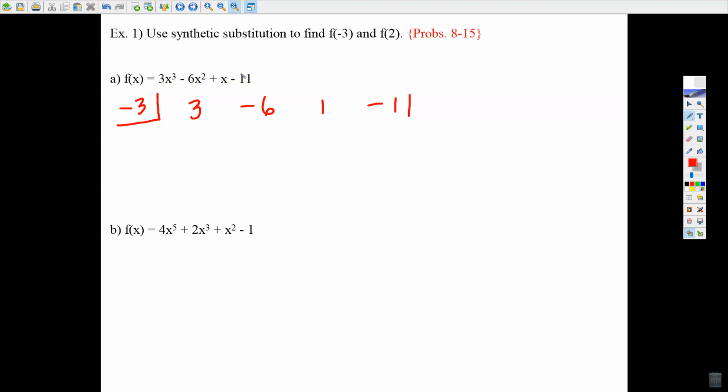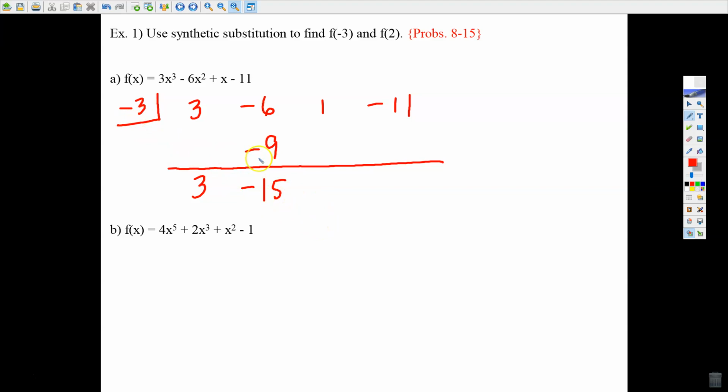So I don't have to plug in any filler zeros. And then here goes synthetic division. I bring down the first number always to start, and then the number below the line multiplies times the number in the house, and 3 times -3 is -9. Synthetic division always involves addition, so this is -15.